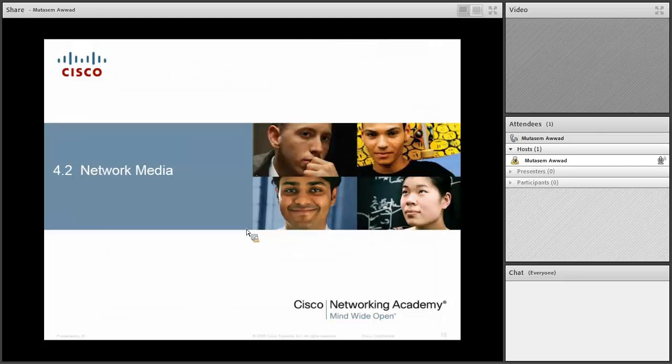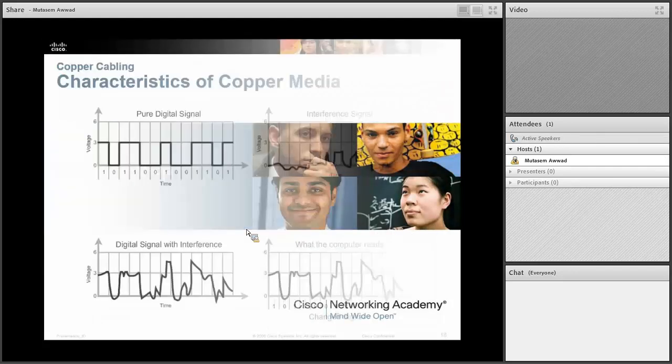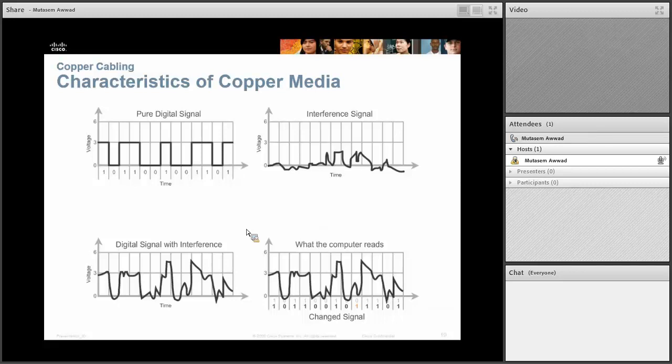Okay, let's get into the network media, the cables. Here's a typical signal that you are transmitting. Now, if this signal is being transmitted on the wire and the wire wasn't designed that great, there may be some interference. And here's an interference signal that will add, like I said, to the amplitude and change the amplitude.